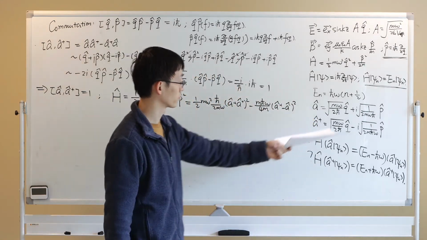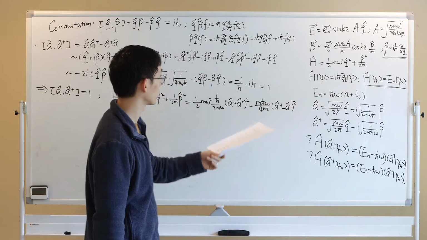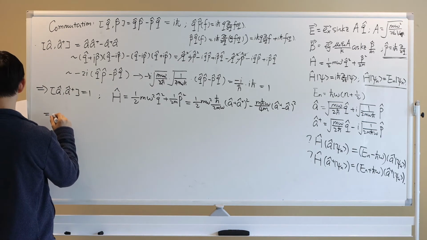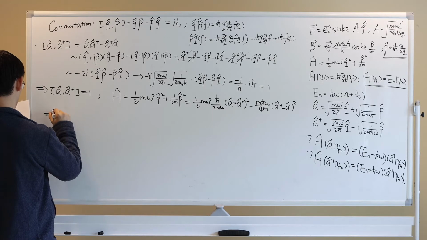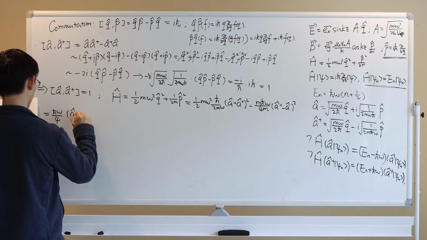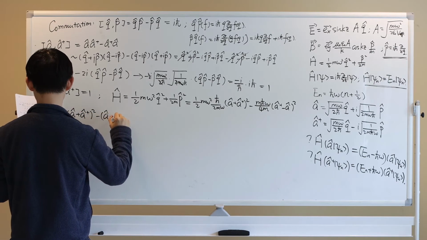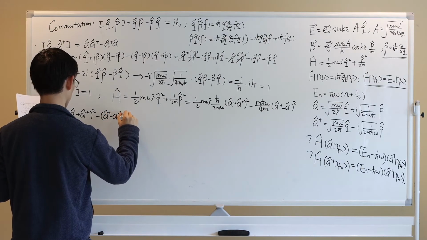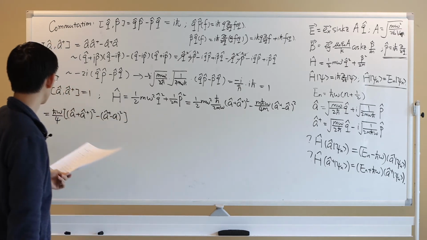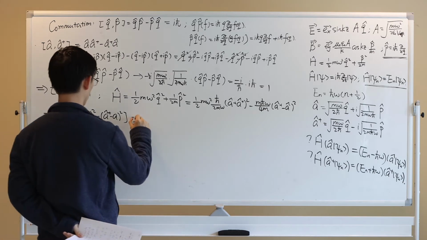The minus sign comes from the i, and this minus sign comes from this minus that. And then you will find this is equal to h bar omega over 4 times (a plus a dagger) squared minus (a minus a dagger) squared.